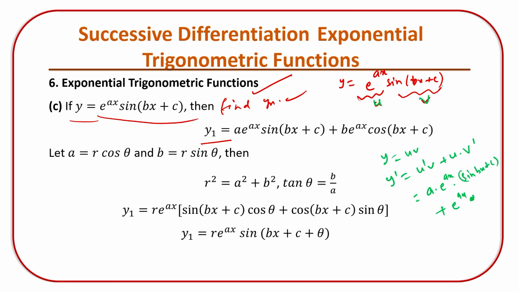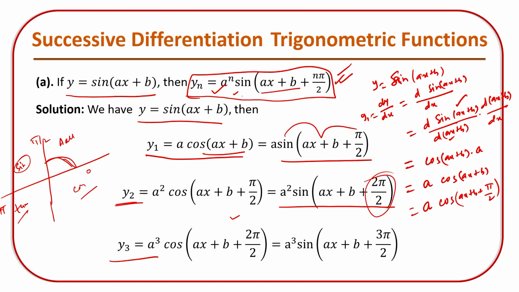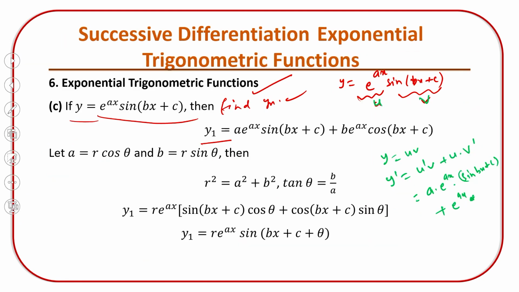sin(bx+c). We had seen right now that sin(ax+b) is nothing but a sin(ax + b + π/2), right? Using the same formula here, or you can write down cos(bx+c) into b, right?